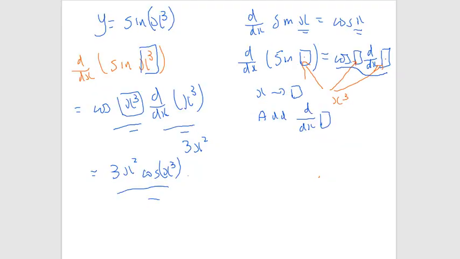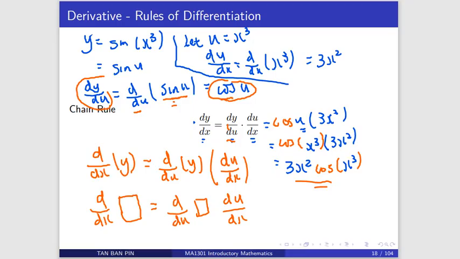So basically, if you replace x by box and add d/dx of box, you are actually using the chain rule. But you don't have to go through the trouble to let u be x cubed, then find dy/du, then find du/dx, then multiply the two answers.